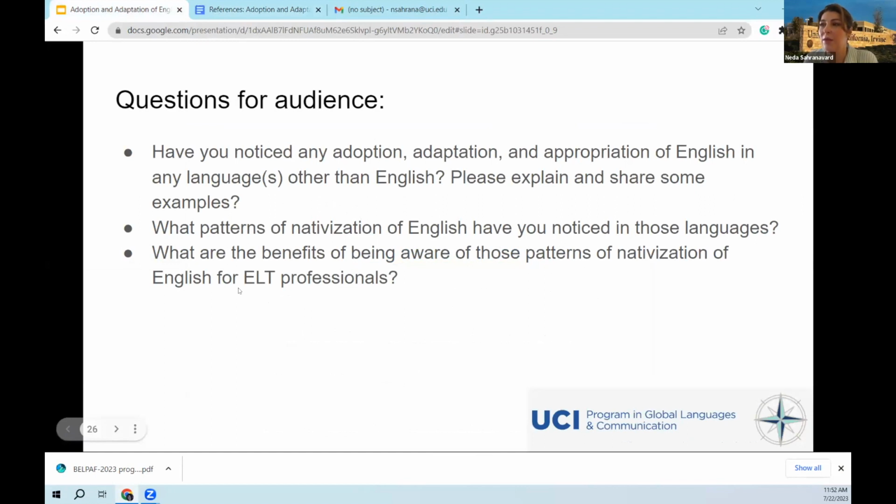For example, if you have noticed any types of these patterns in other languages, or if you have students who use different versions of English in your classroom, or what are the benefits of using and being aware of these patterns in classrooms and beyond. If anyone is interested in sharing.